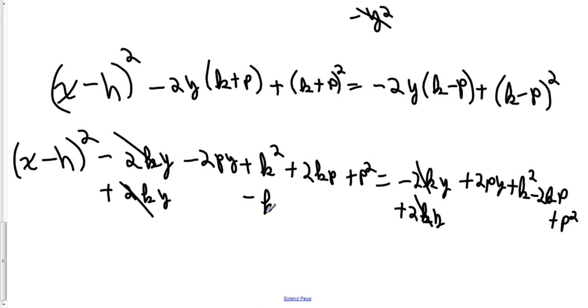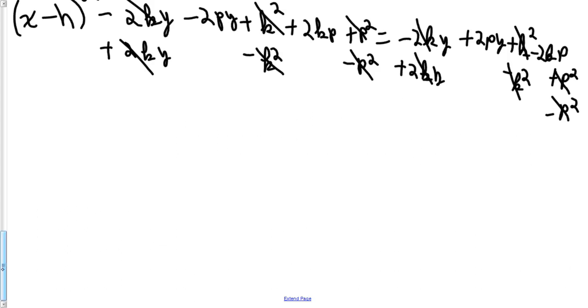If I subtract k squared from both sides, those both cancel out too. And a p squared: if I subtract p squared from both sides, these would cancel the p squareds out.